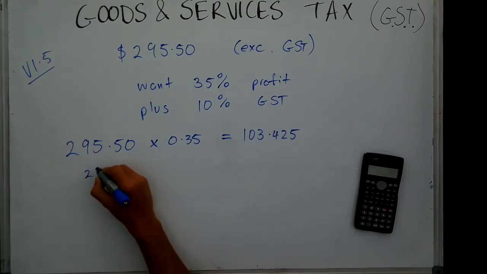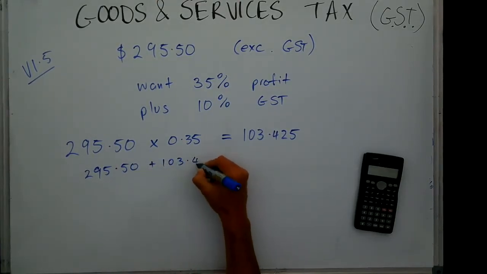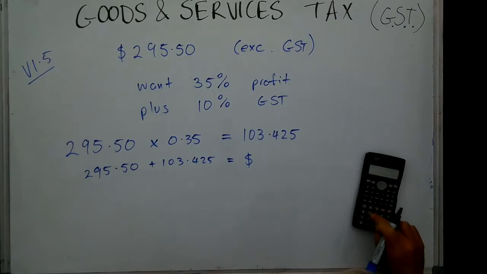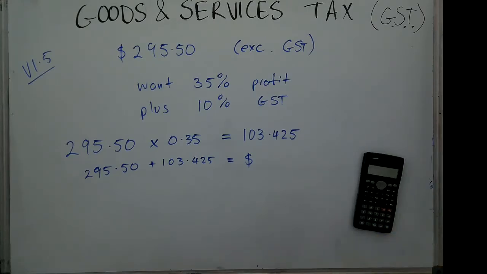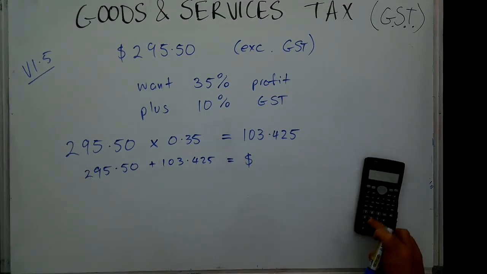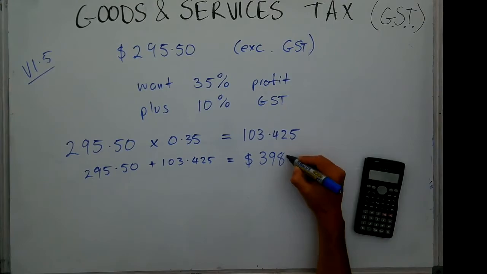So $295.50 plus 103 equals... 295... Here we go. $398.925.